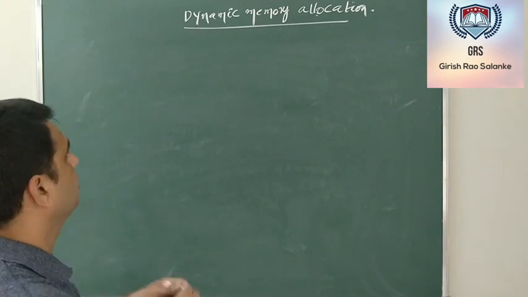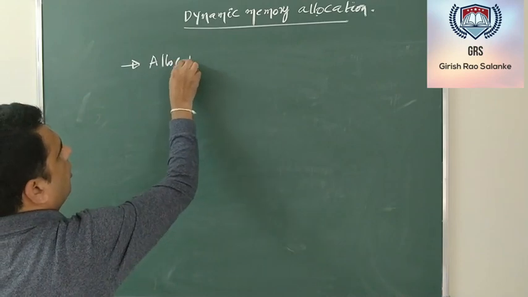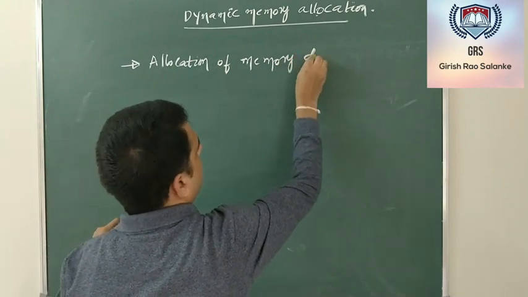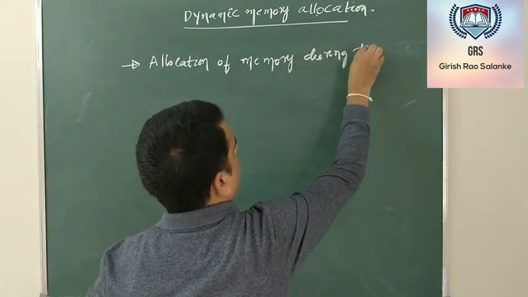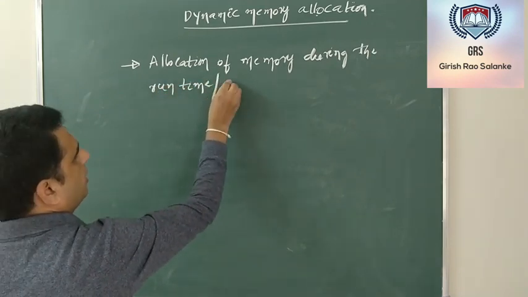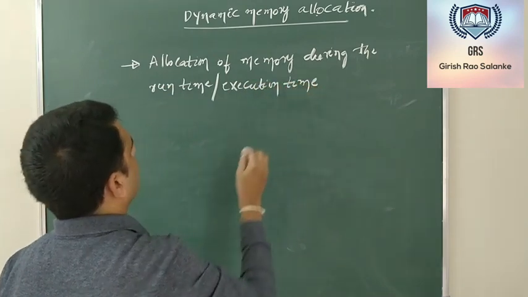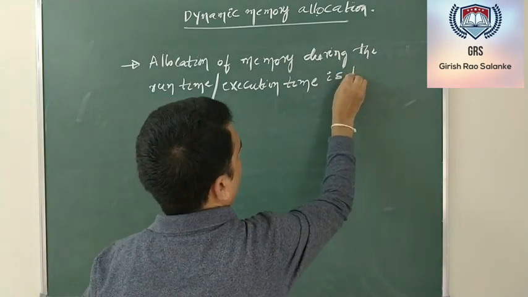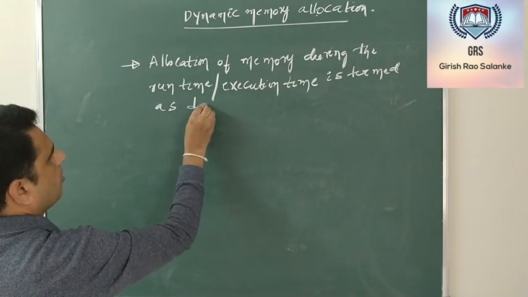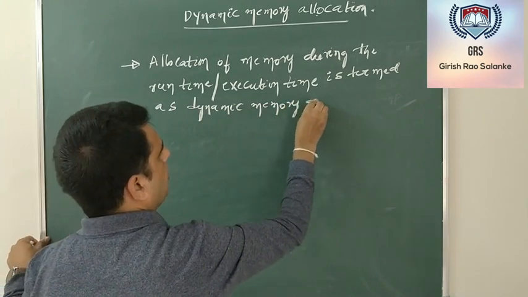So I'll just put that down: allocation of memory during the runtime, or I can call it the execution time, is termed as dynamic memory allocation.